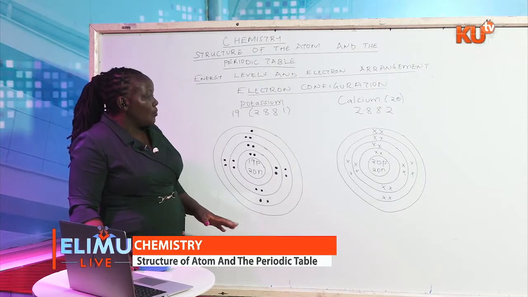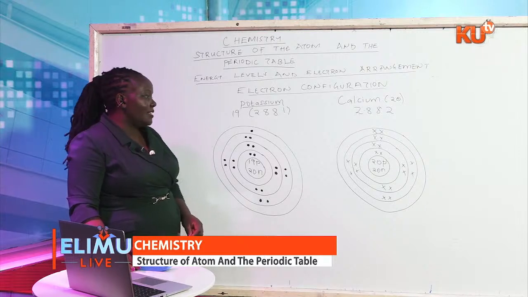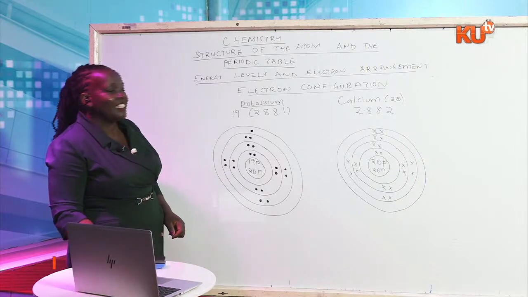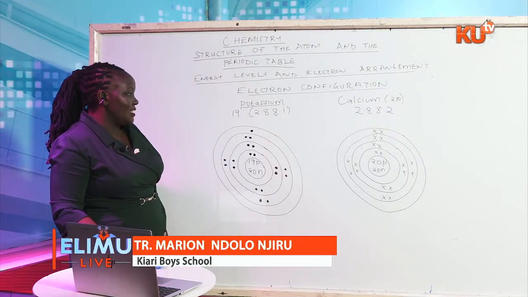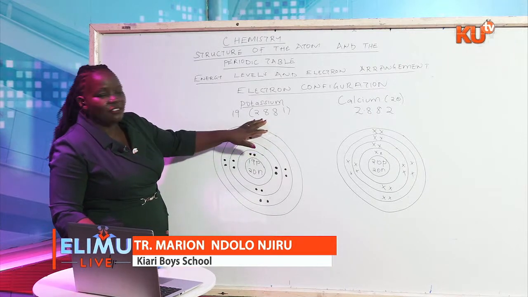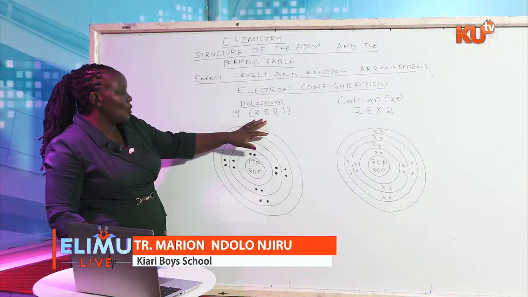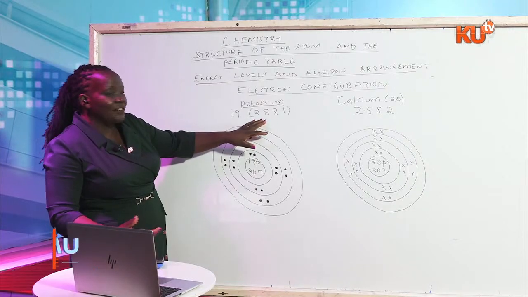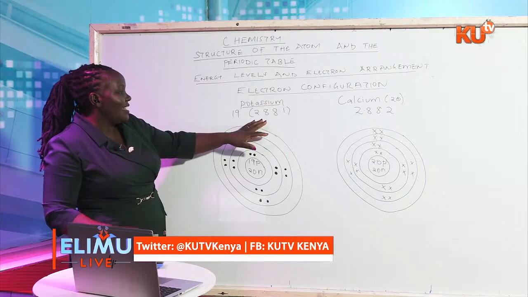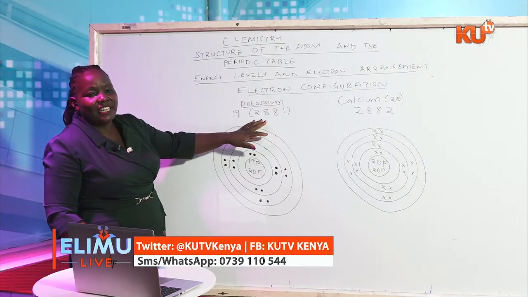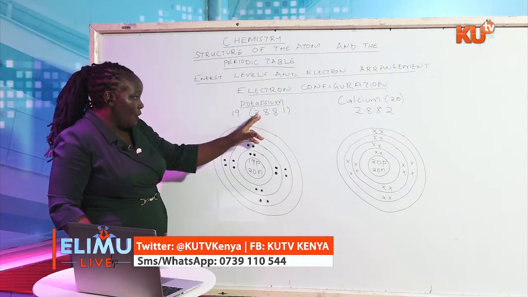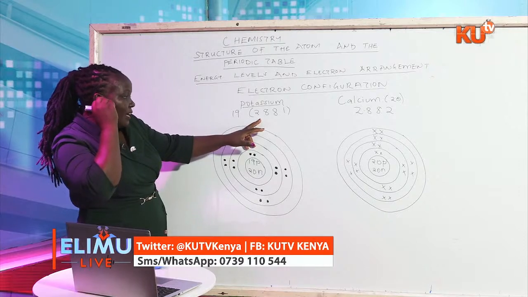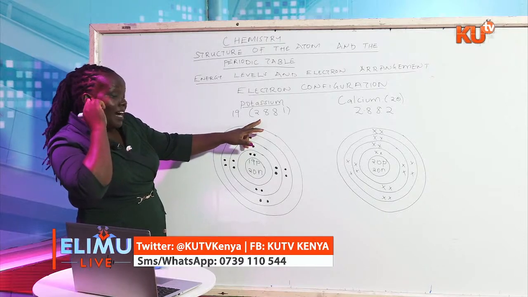Now, we have seen different electron arrangements of different atoms. From the electron arrangement of a given atom, it is very easy for us to tell the number of energy levels that the atom has.